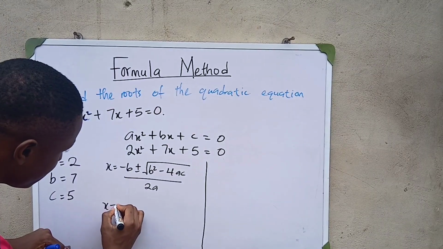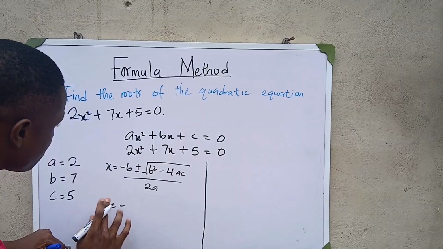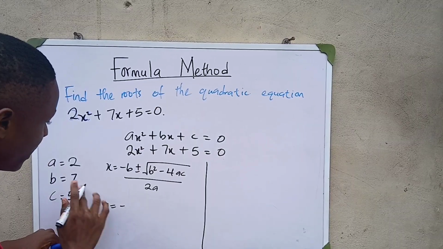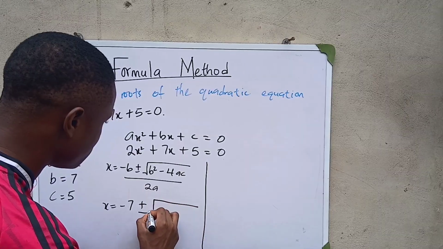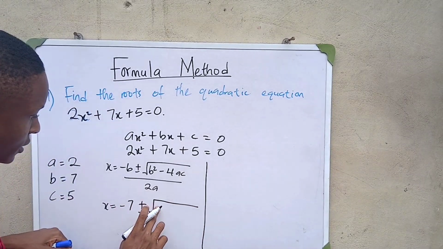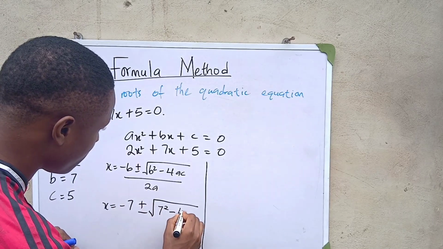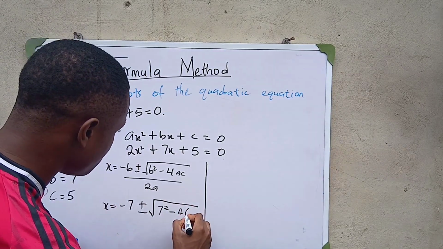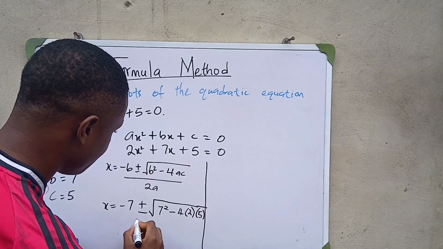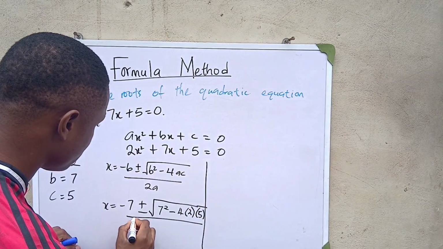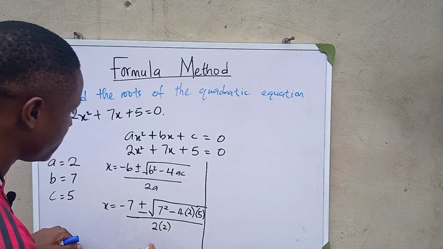So we have x is equal to minus b, and b is 7. So we have minus 7 plus or minus square root of b squared, b is 7. So we have 7 squared minus 4 times a, which is 2, times c, which is 5, all over 2 times 2, which is a.